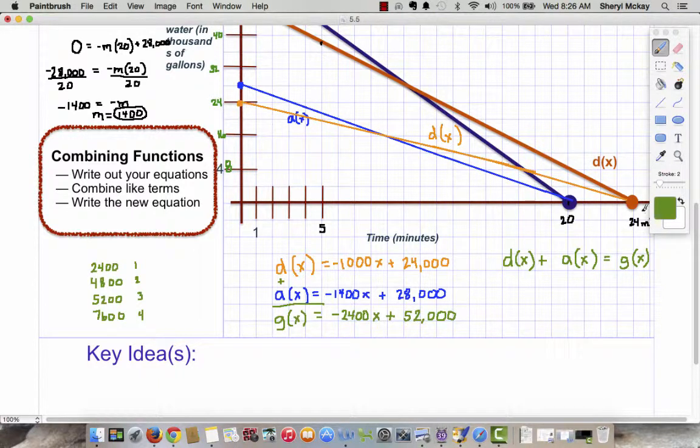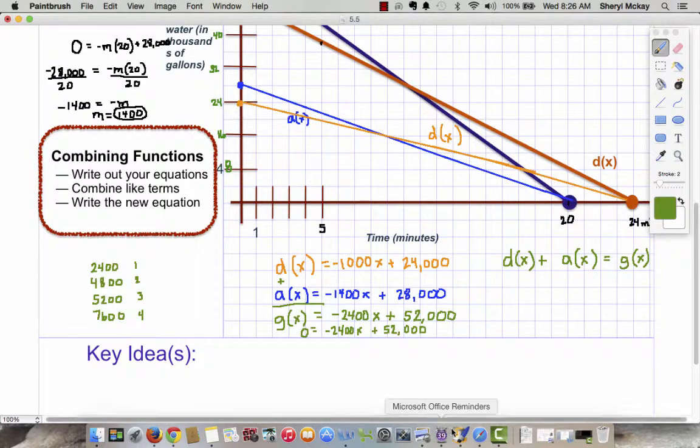So in essence, what I'm saying is, when does 0 equal negative 2400x plus 52,000? Well, that's just a simple division problem. So if I add this 2400x over to the other side, then I just have to divide by 2400.